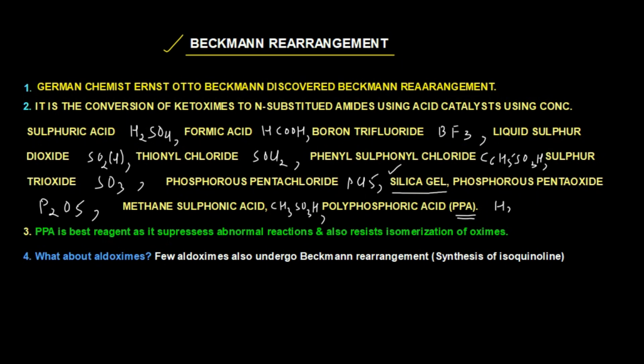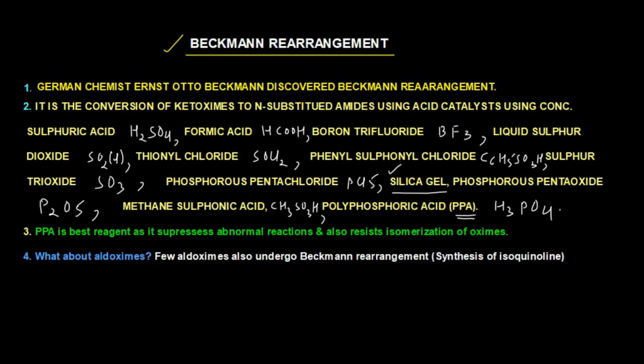The very basic example is H3PO4, phosphoric acid. This PPA is a very important reagent for the Beckmann rearrangement, and the importance lies in the fact that polyphosphoric acid is the best reagent as it suppresses abnormal reactions and also resists isomerization of the oximes.